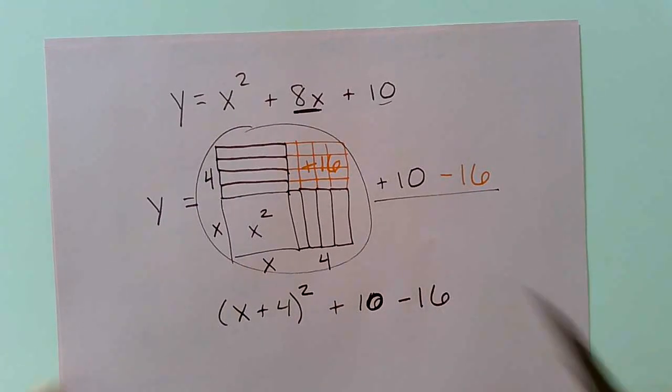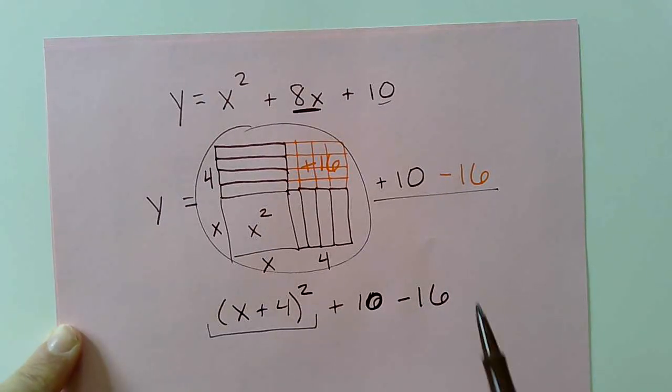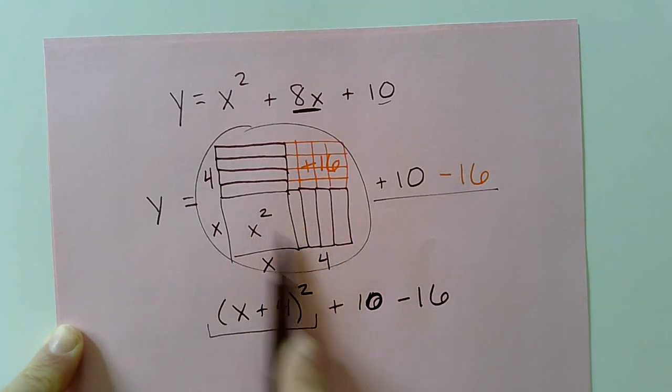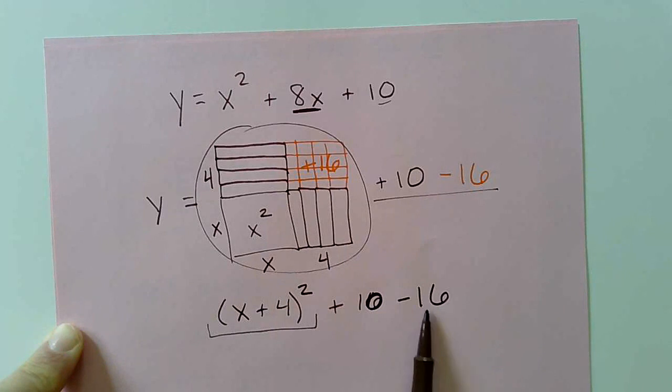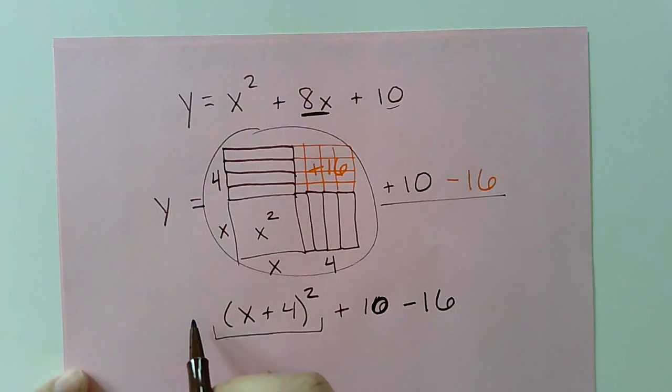That's just coming down. So what did we gain by that? What we gained was we're able to write this part. If we had that 4 squared, which made the 16, we took that 16 away, which means we didn't change the equation at all, and we still equal y.